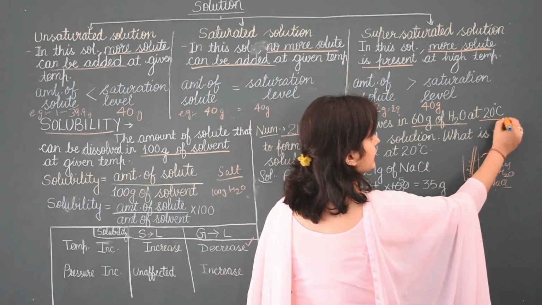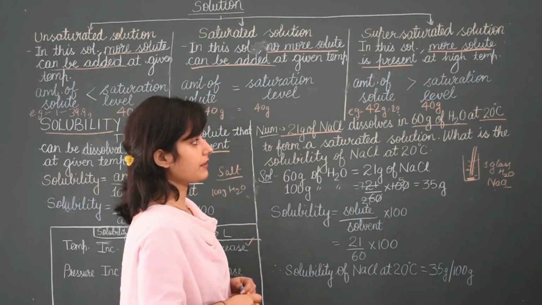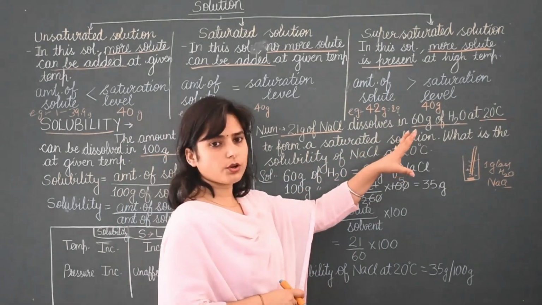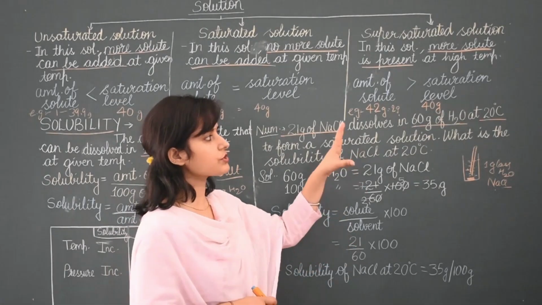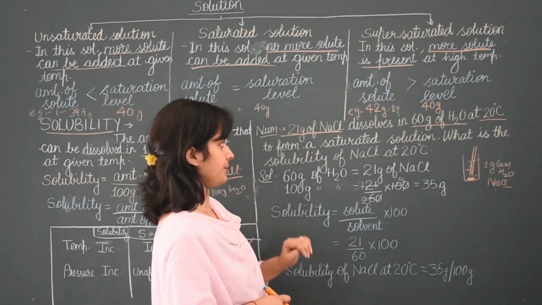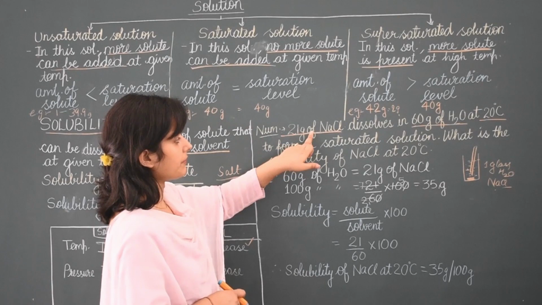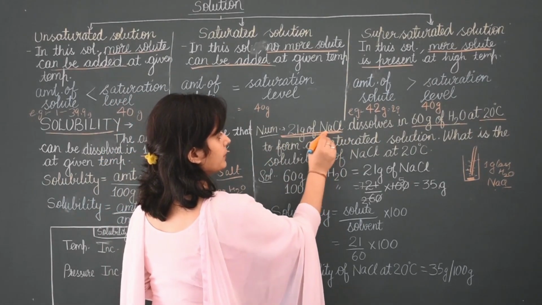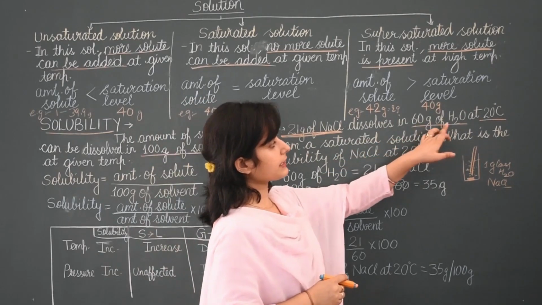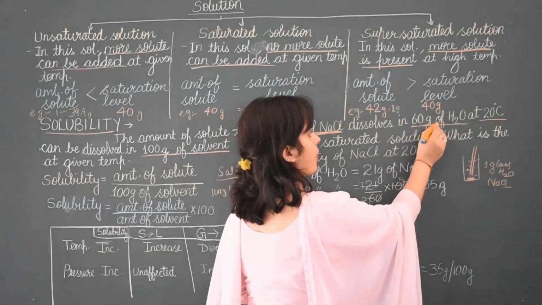Here the temperature is given as 20 degrees Celsius. There is no role of this temperature in this calculation. It is just to show you the solubility at a given temperature. 21 gram of NaCl is the solute and 60 gram of water is the solvent.